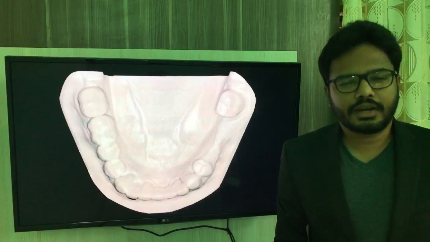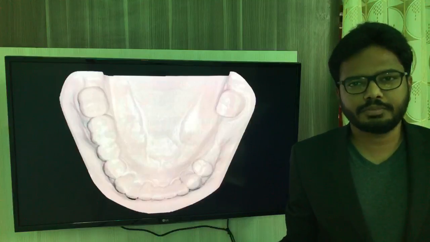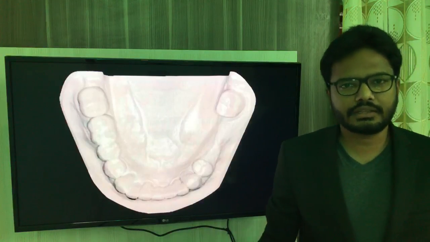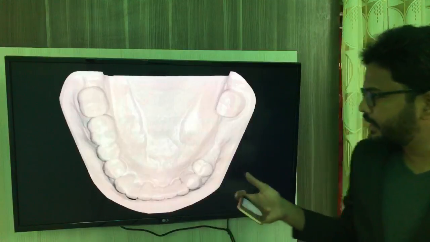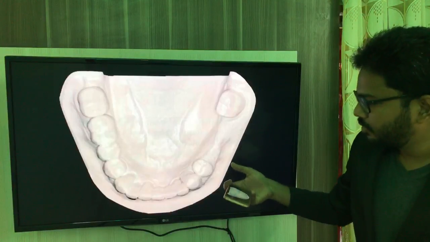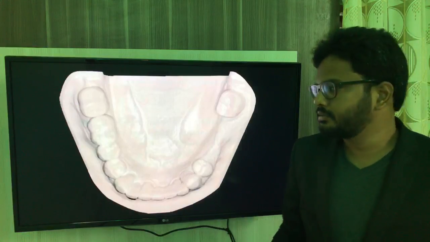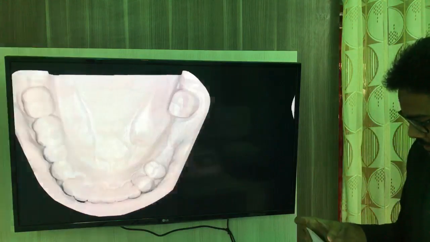Class 3. Class 3 is an edentulous space posteriorly, which is bound by natural teeth anteroposteriorly. So this is Kennedy's class 3.